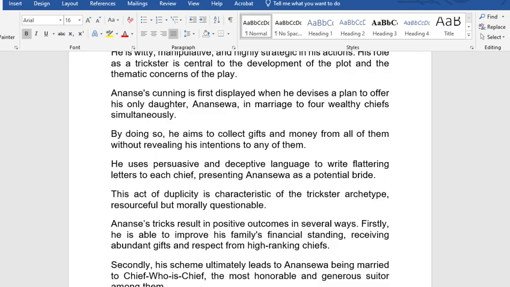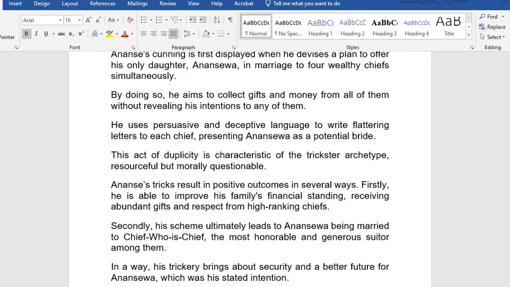Ananse's cunning is first displayed when he devises a plan to offer his only daughter, Anansewa, in marriage to 4 wealthy chiefs simultaneously. By doing so, he aims to collect gifts and money from all of them without revealing his intentions to any of them.